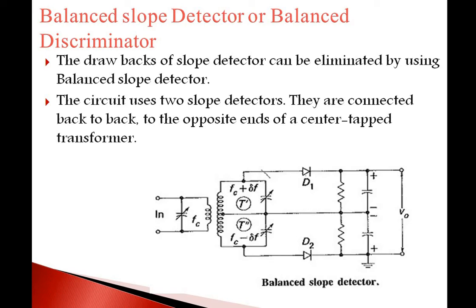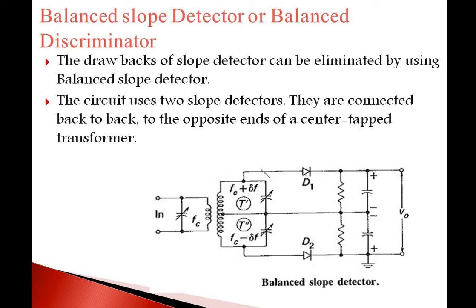The balanced slope detector or balanced frequency discriminator eliminates non-linearity. The drawback was non-linearity because you were not having the linear characteristics, right? That drawback of non-linearity is eliminated by using the balanced frequency discriminator or balanced slope detector.